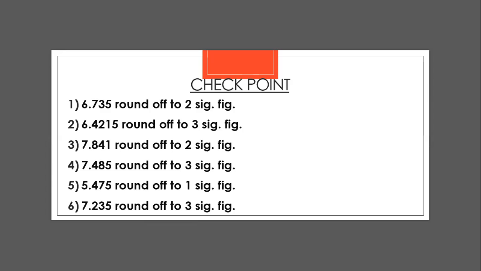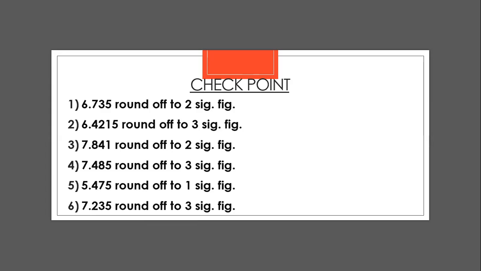5.475, round off to 1 significant figure. 5.475 has 4 significant figures, and you have to round it off to 1. Very simple. It means you only have to keep 5, and the rest of the digits are not required.